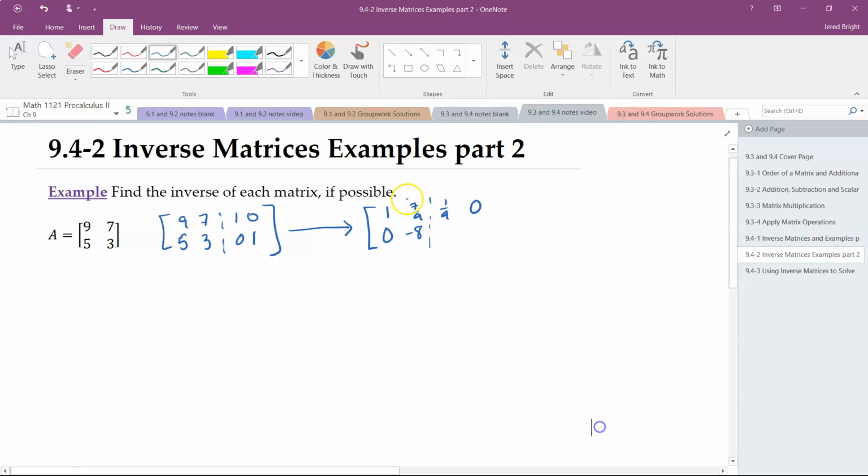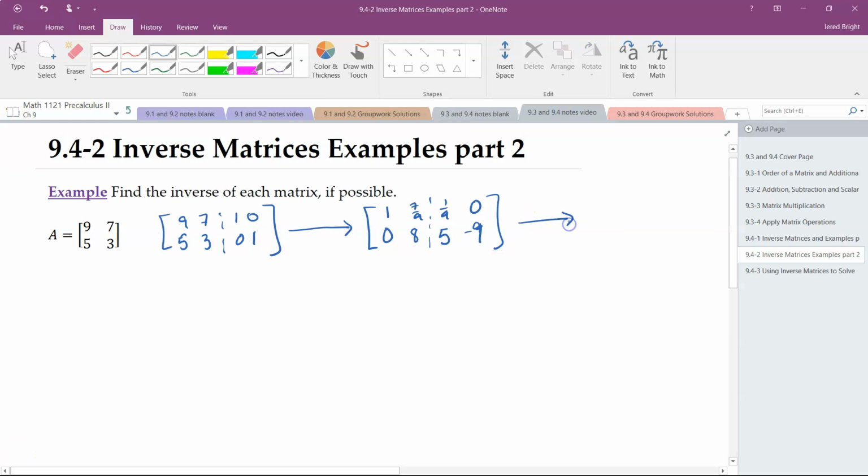Actually, I'm going to make that +8 just for ease, and then that'd be 5. So I multiply first row by 5, second row by 9. So then I get 5 and -9.